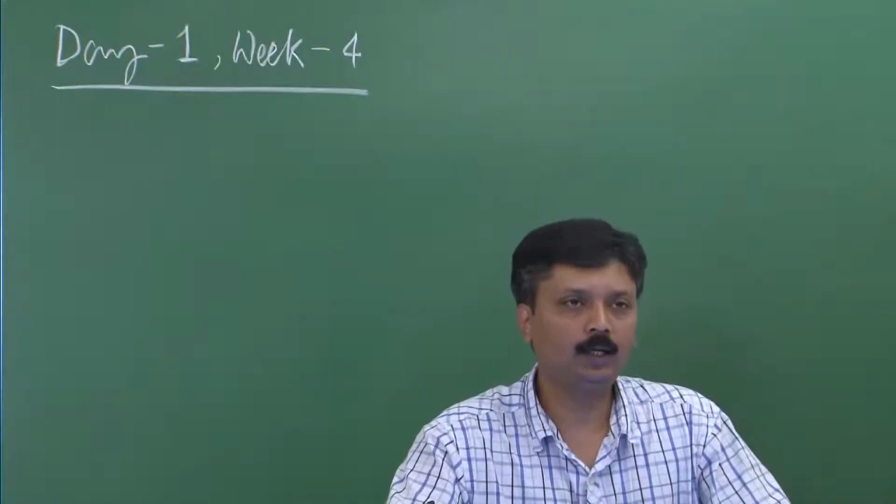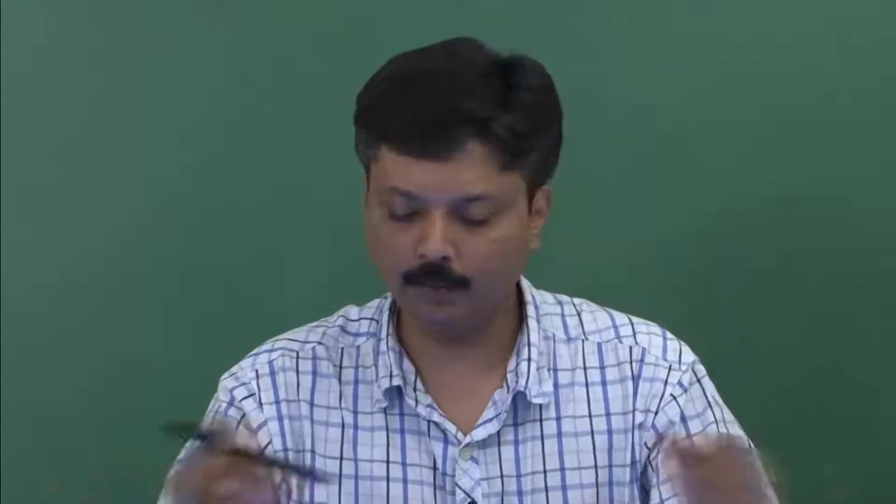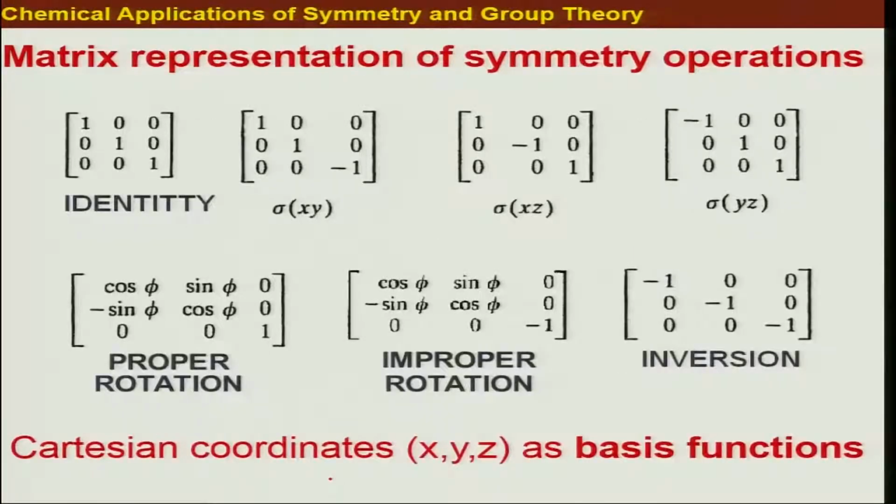So in the last week we looked at the matrix representations of various symmetry operations, and on your screen you can see all the matrix representations that we formed for different symmetry operations. For example, identity, different sigma planes, proper rotation and improper rotation, as well as inversion symmetry operations.